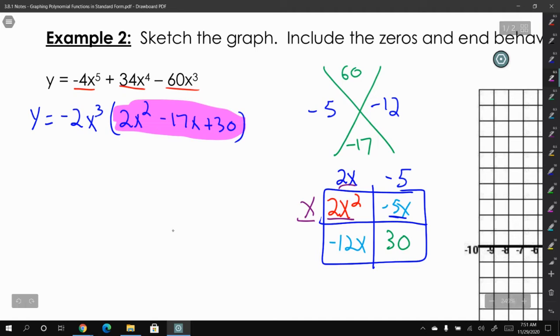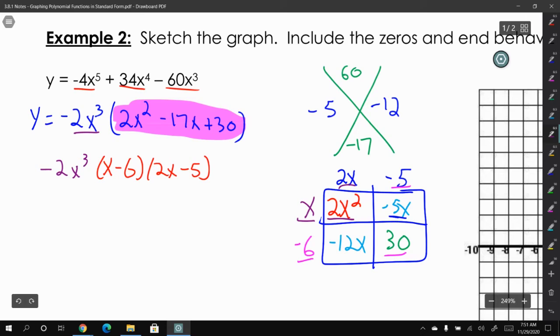And -5 times -6 gives us +30. So my factors are going to be x minus 6 and 2x minus 5. But we have to then remember to bring this negative 2x to the third down. So this is my factored form.